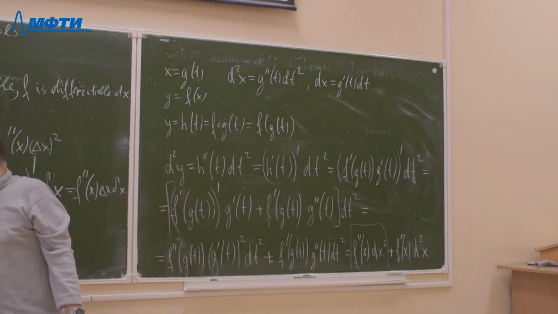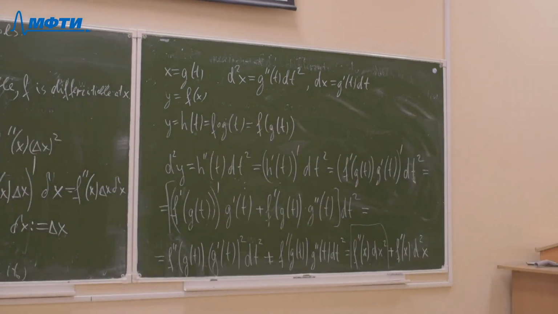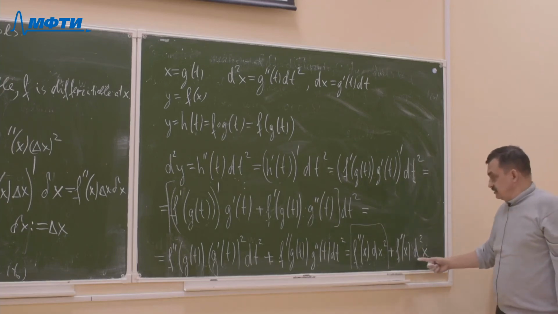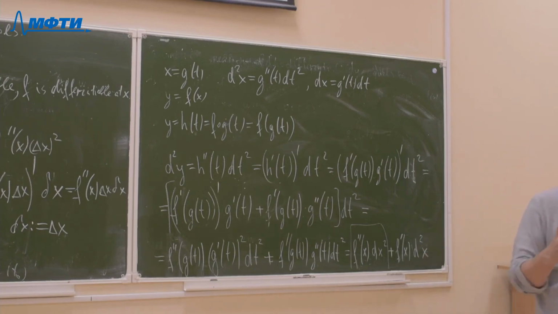When this formula is still valid, even for dependent variable x. This is still valid if the second differential is 0, right? But when the second differential is 0, it means the second derivative is 0, right? And the second derivative is 0 when the function is a linear function, right?